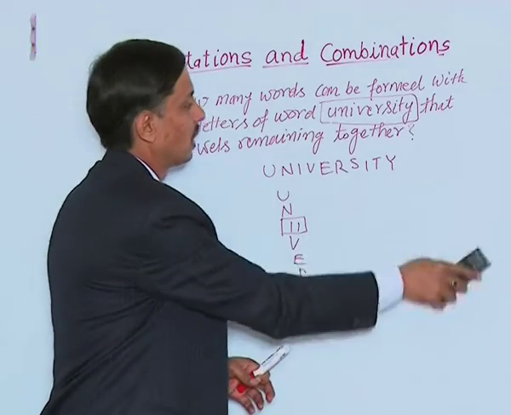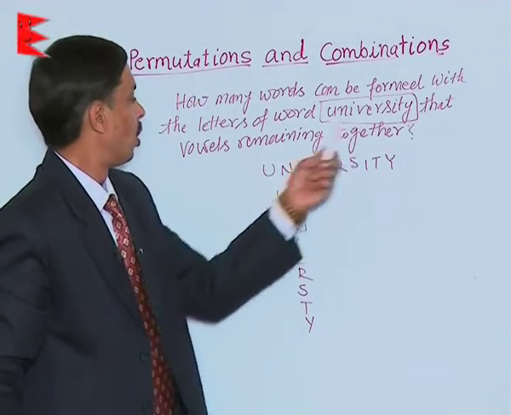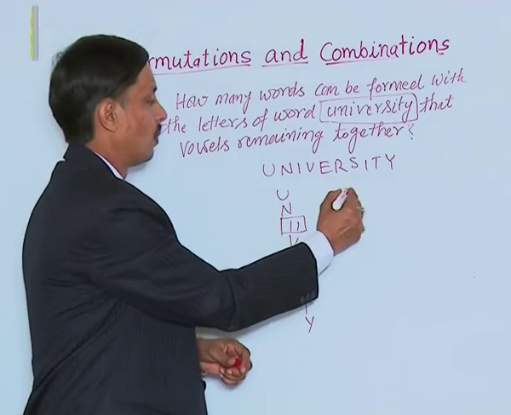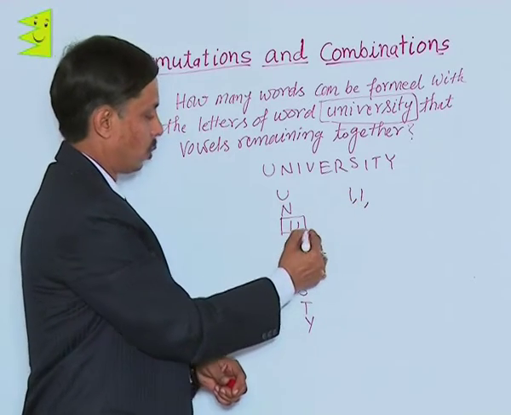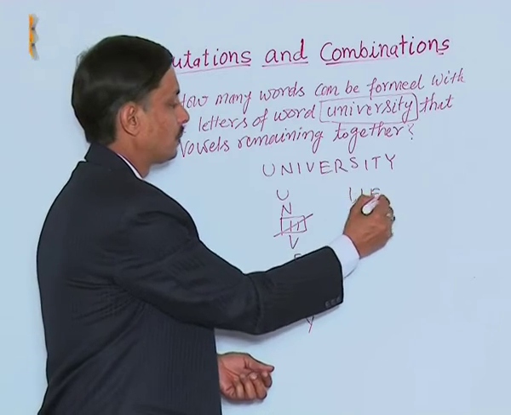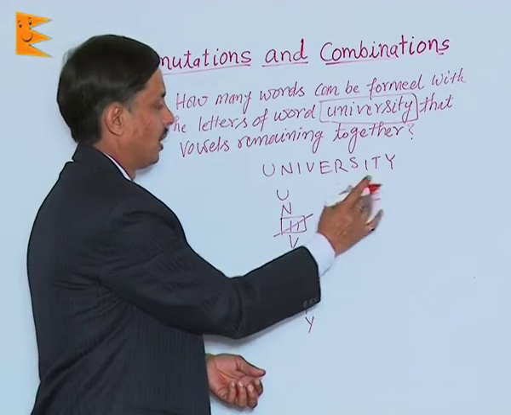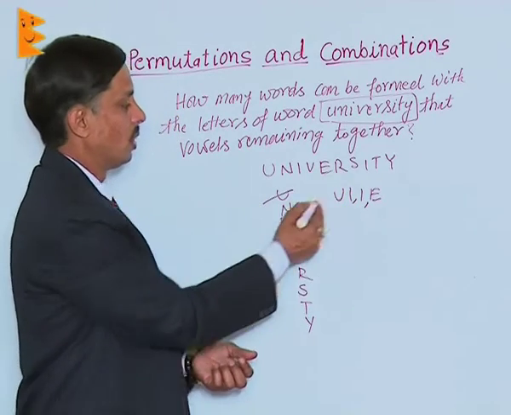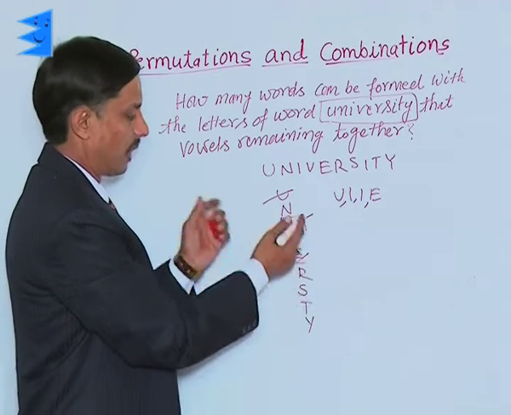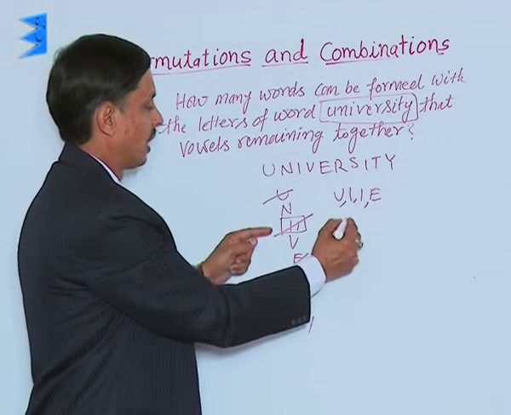So here the condition is all the vowels remaining together. So if I take vowels, I two times, these two, then I am taking E, and firstly U. So this becomes 1, 2, 3, 4. And finally, how many consonants are left?